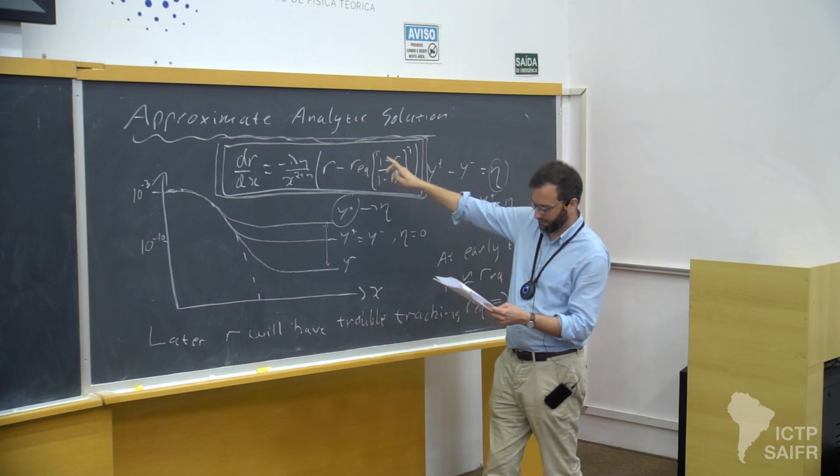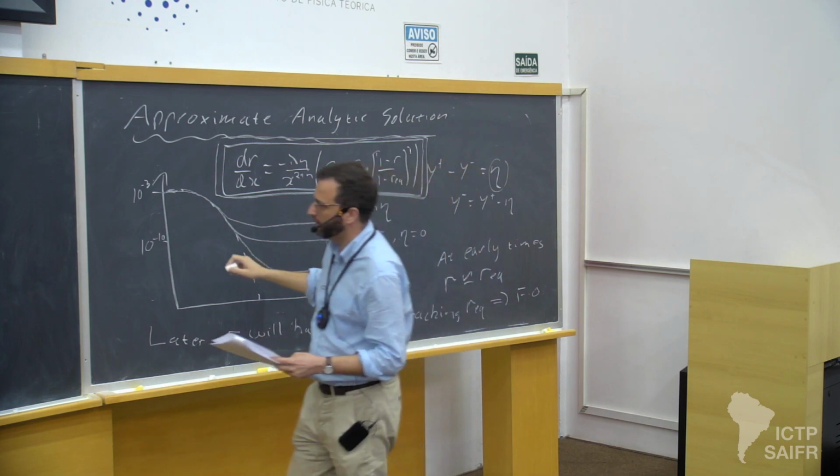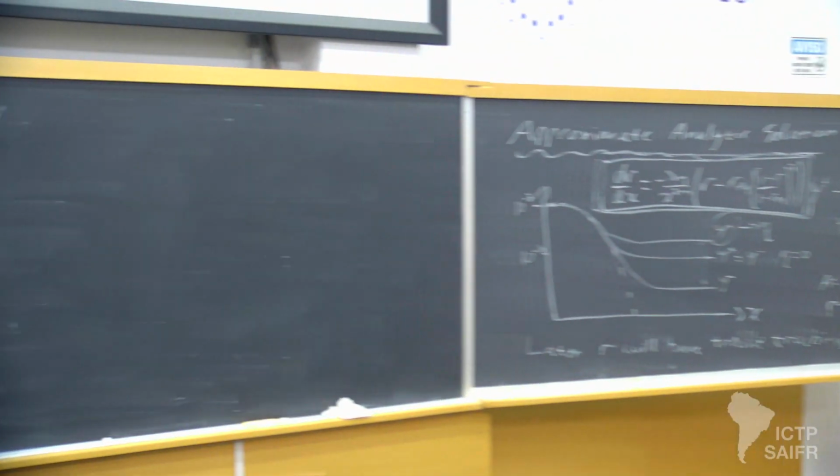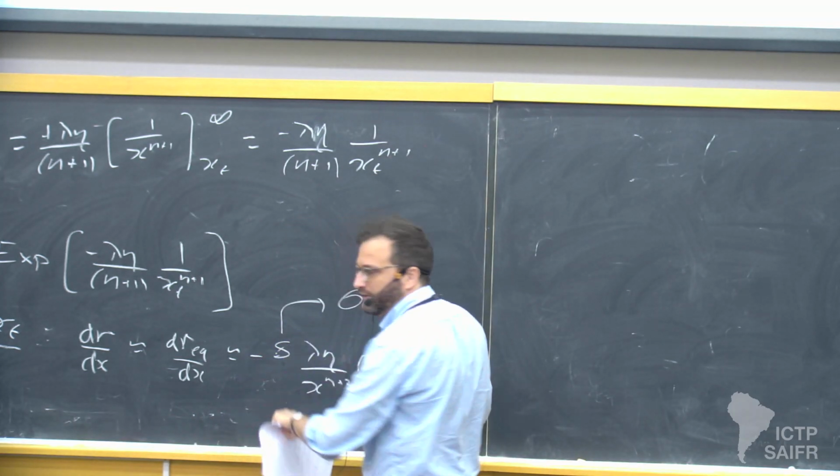And then all I've done here is set r minus r equilibrium to be equal to delta times r equilibrium.